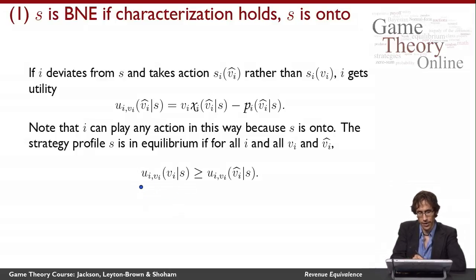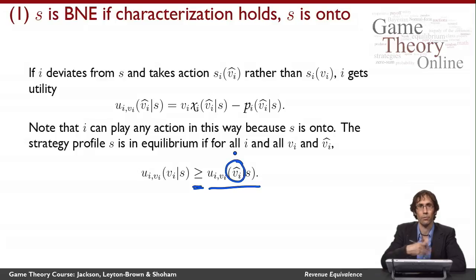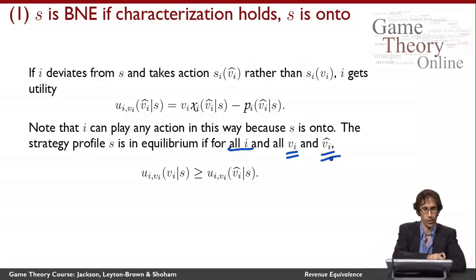So in other words, his expected utility for actually using his true type has to be at least as big as his expected utility for lying to himself and reporting a different type to the strategy profile. If that's true for all agents and for all values that the agent might have and all lies that he might tell, then we have a Bayes-Nash equilibrium.